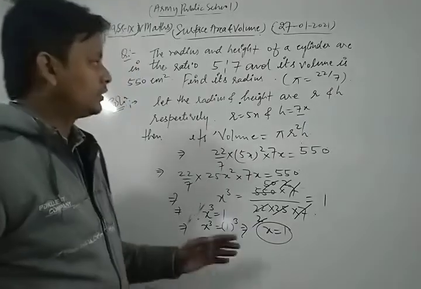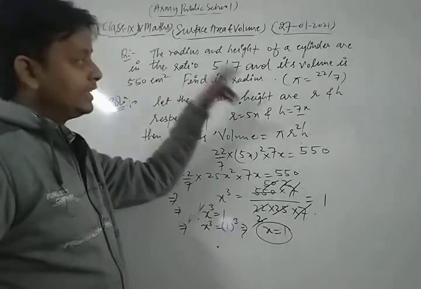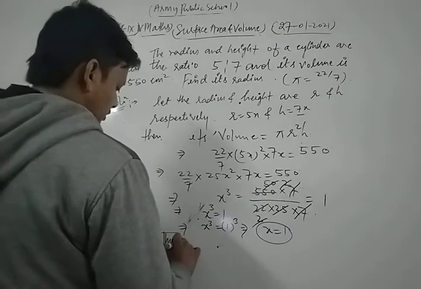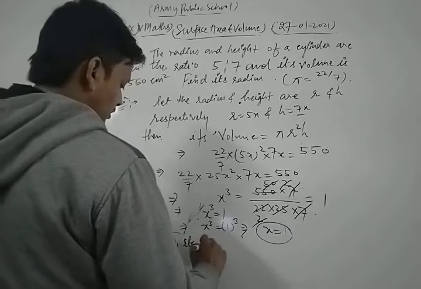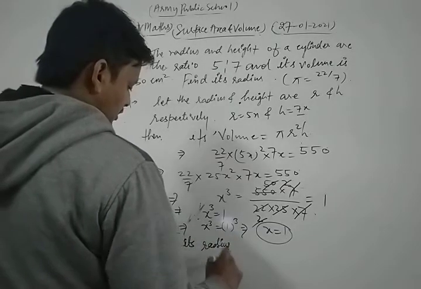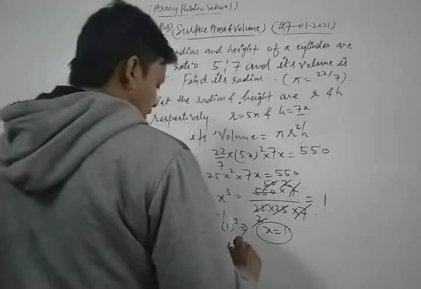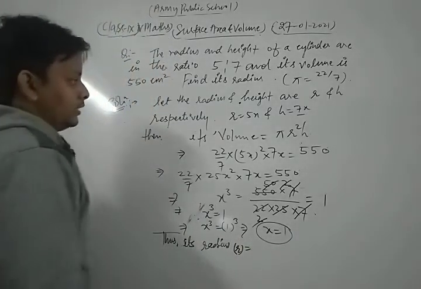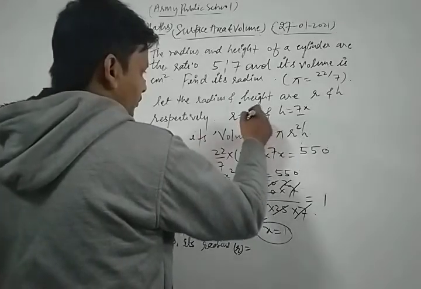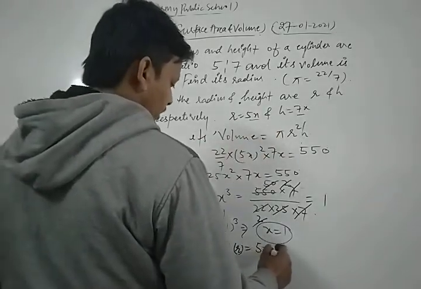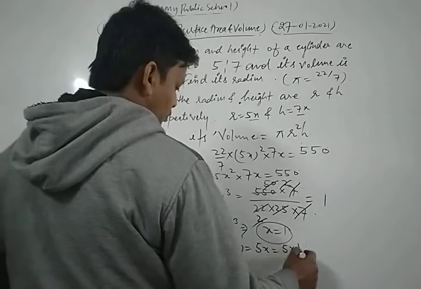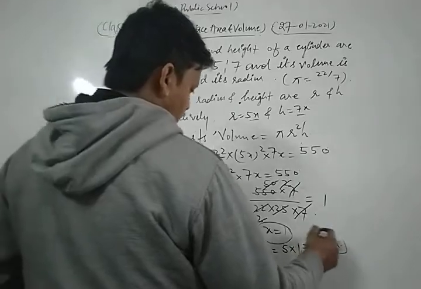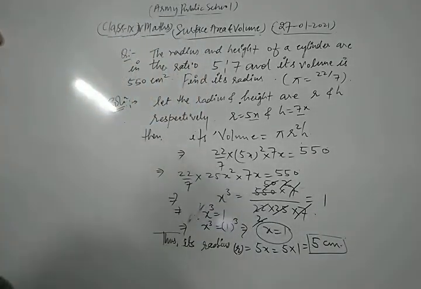Now we find the radius. Thus its radius r is equal to 5x, that is 5 into 1, that is 5 centimeter.